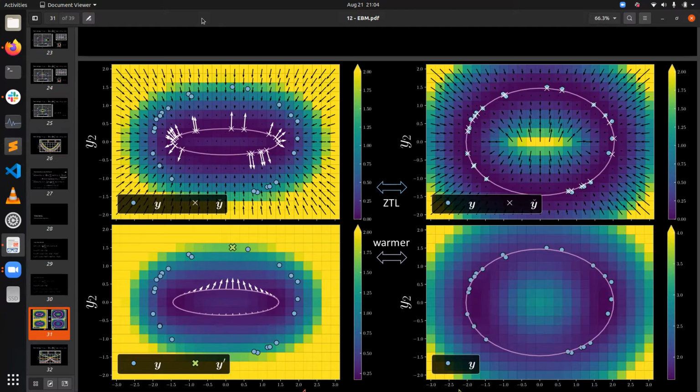So it can express a wide variety of possible functions. And still, they did not use the contrastive loss.